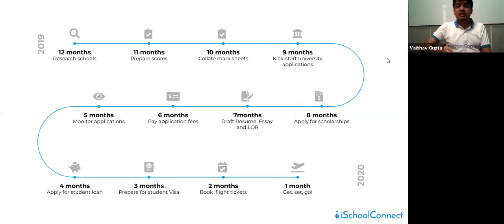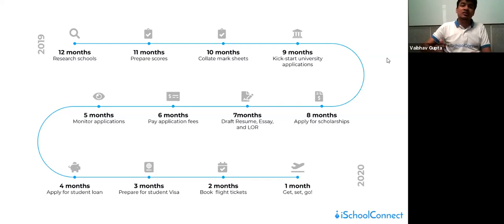So I typically advise all my students that they should start preparing for their international education at least 12 months in advance. Start researching your colleges, deciding upon a program which you want to study, start analyzing, start finding countries which will suit your future goals, which will suit your career objectives, what sort of jobs you want to land.